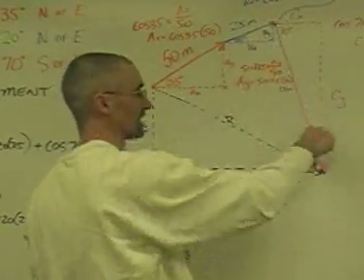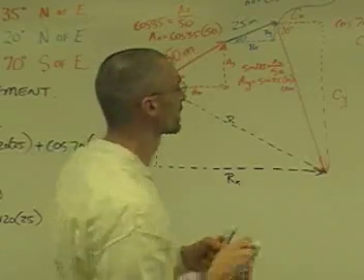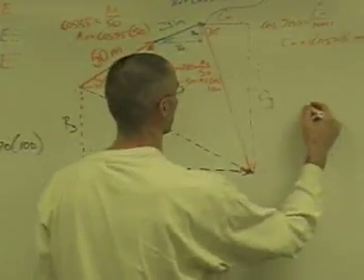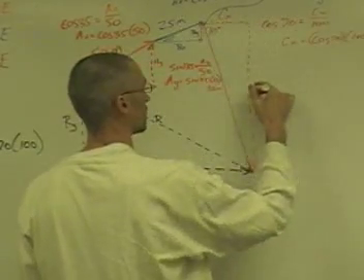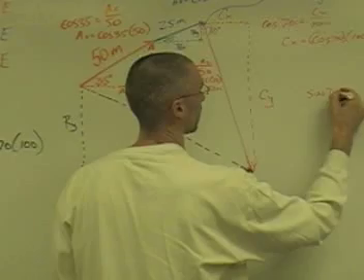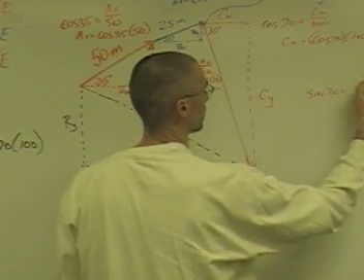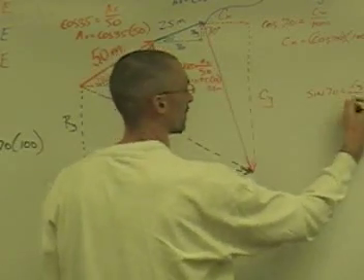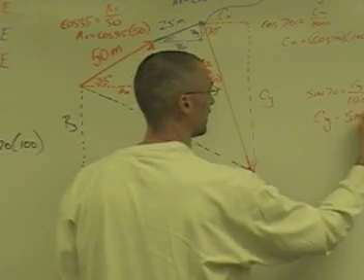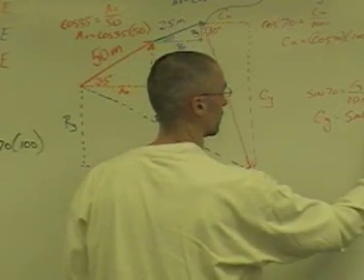Because it's moving down, we're going to call that a negative direction, and to find CY, we're going to set it up where we have opposite. This is the opposite side and hypotenuse, so we're going to say sine 70 equals opposite CY over hypotenuse, which is 100. And we're going to say CY equals sine 70 times 100.